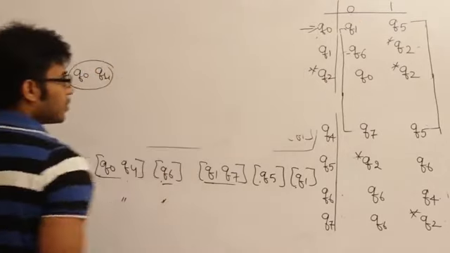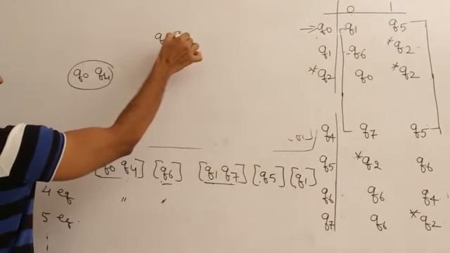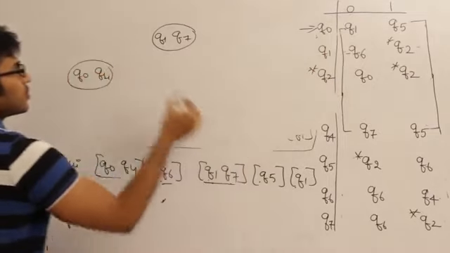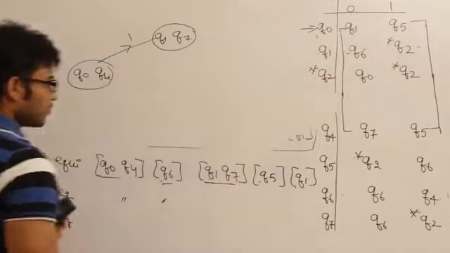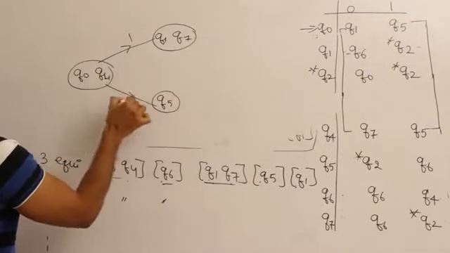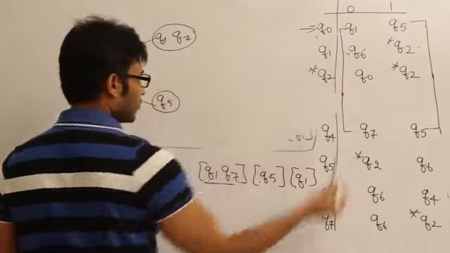Q0 on 0 is going to Q1, so that group is Q1, Q7. They have to be together, right? And Q0 on 1 is going to Q5. This is 0, this is 1. And Q1 on 1 is going to Q6.